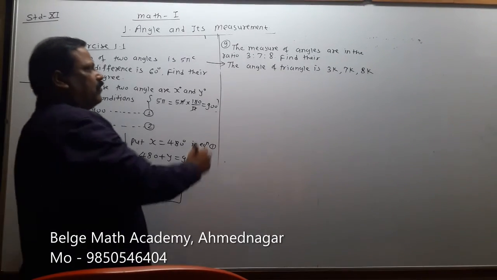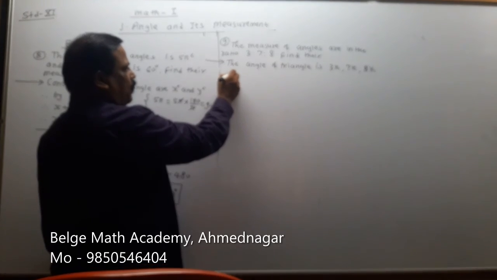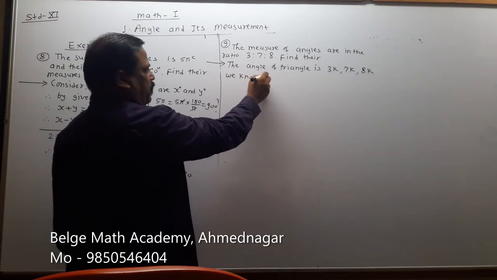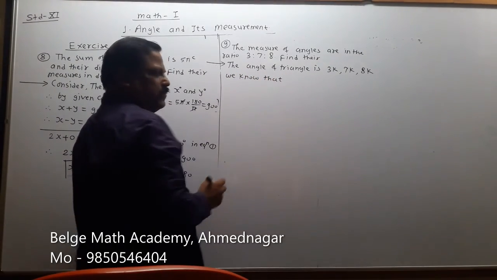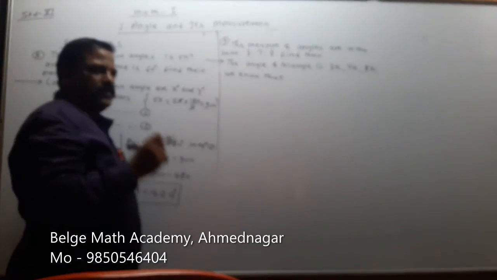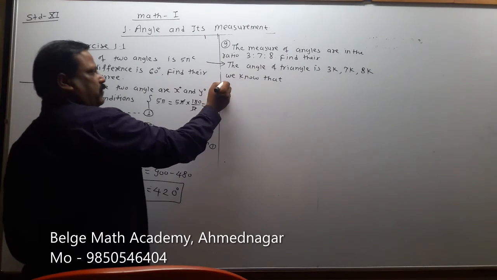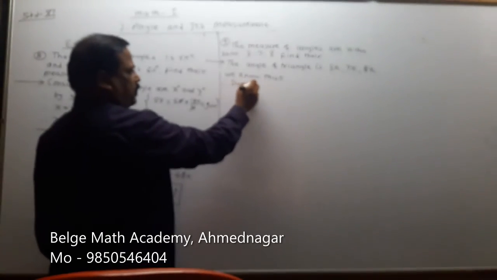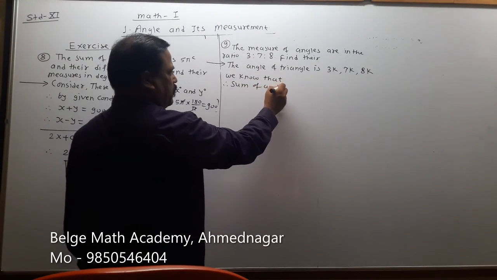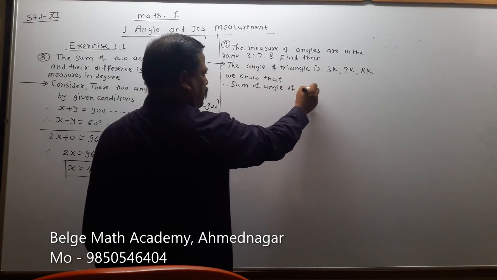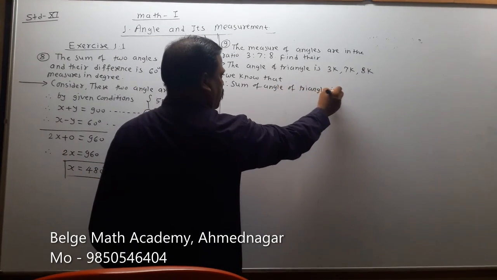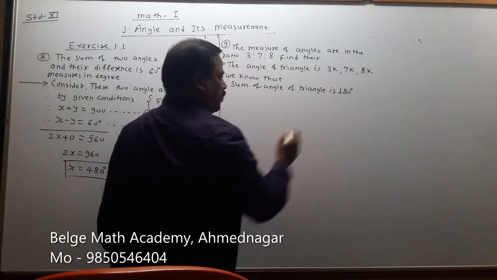We know the property that the sum of the angles of a triangle is 180 degree.